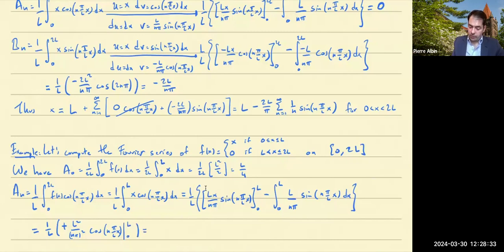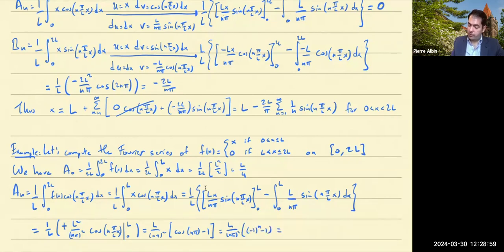So that gives us, okay, this constant out front, we have L over n pi squared. And then here we have cosine of n pi minus cosine of 0, which is 1. So that's L over n pi squared times minus 1 to the n minus 1.